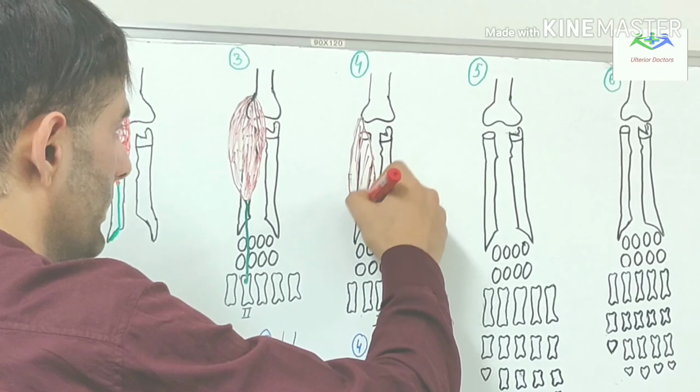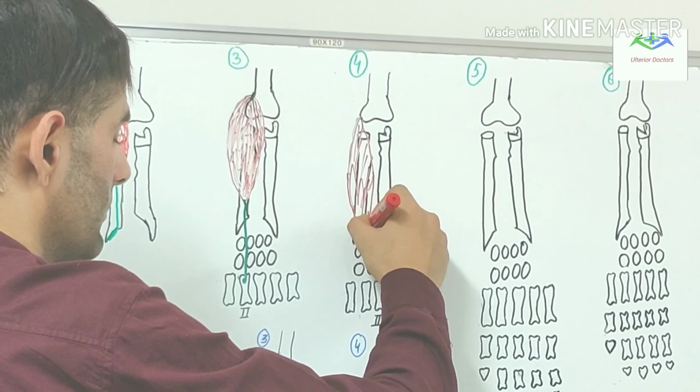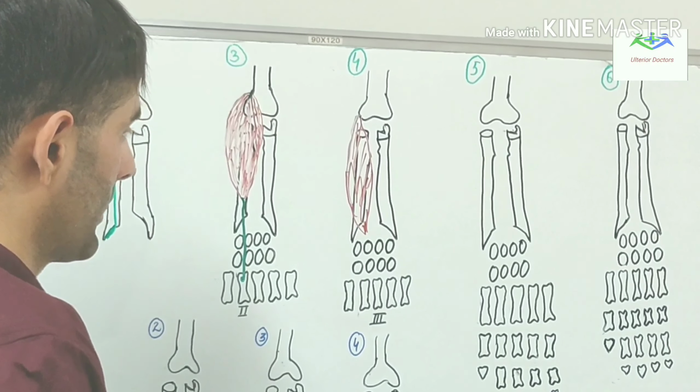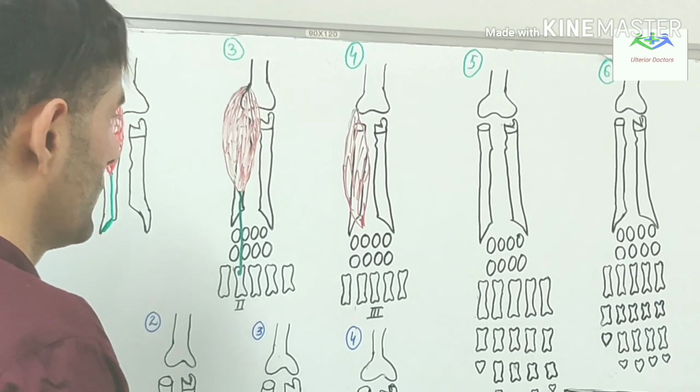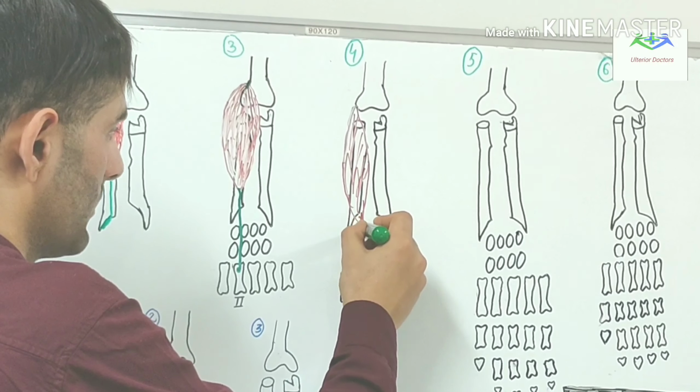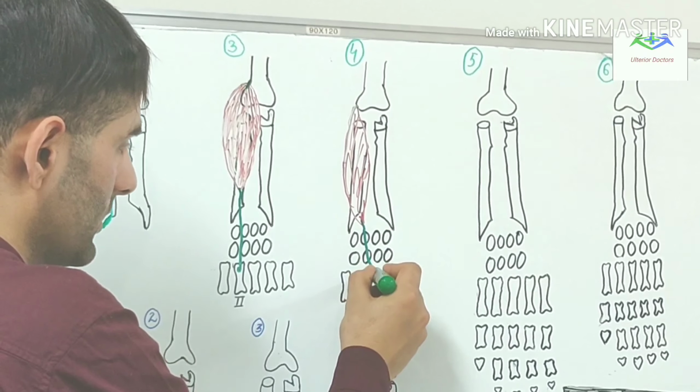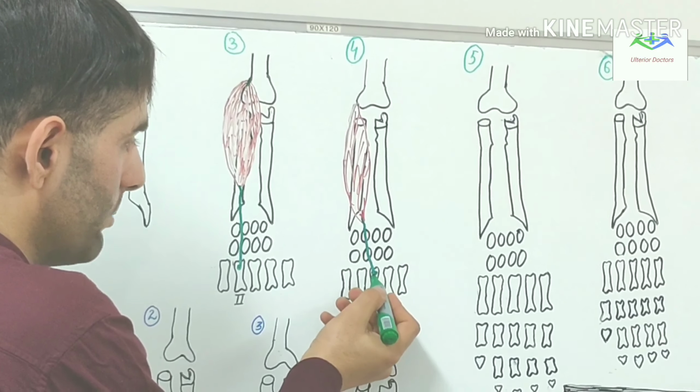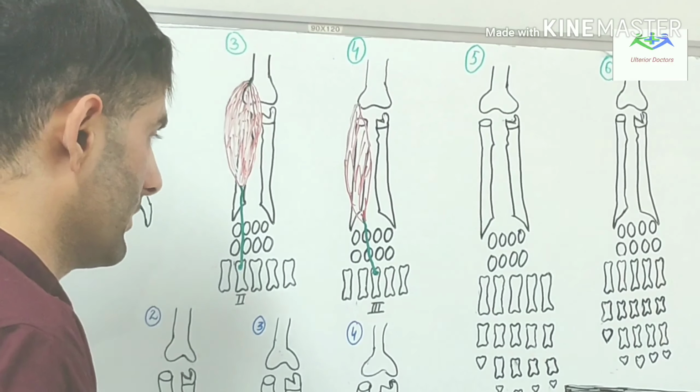And goes radially, and it gives the short tendon which is inserted to the base of the third metacarpal.